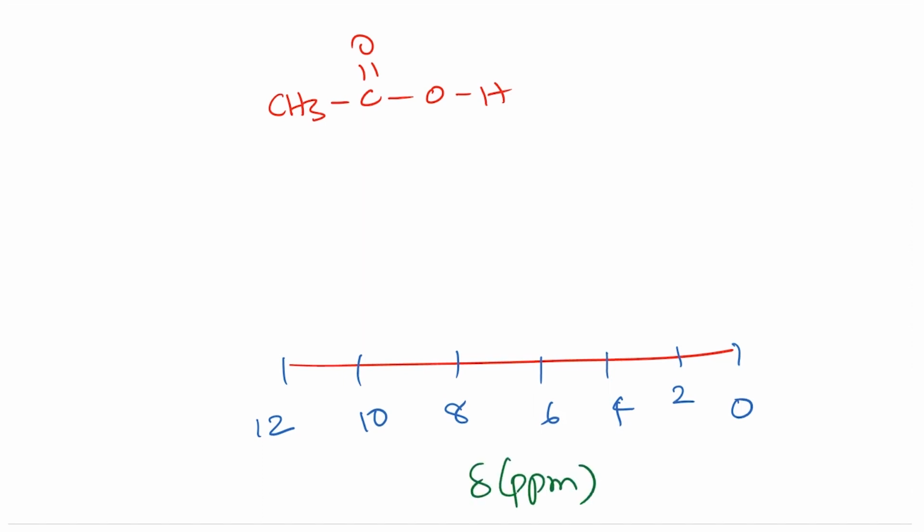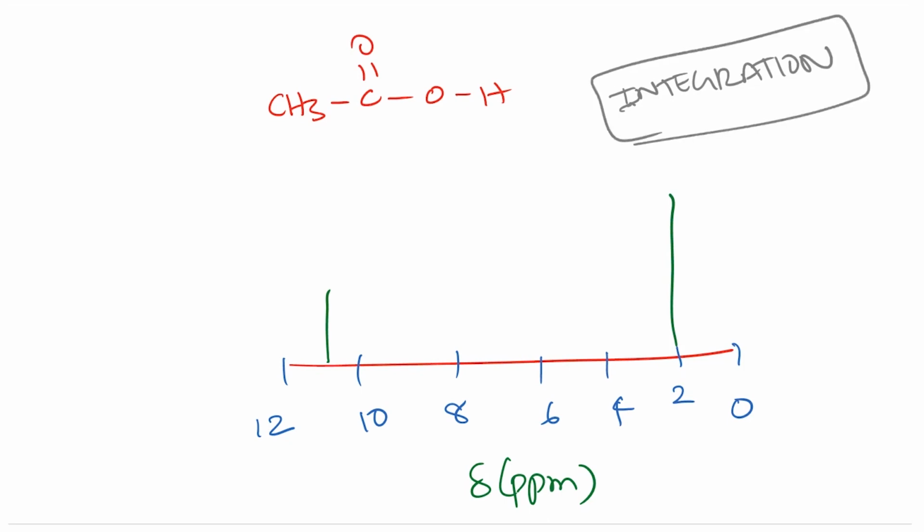Let us say we record the NMR spectrum of acetic acid. Now, you see a nice peak at 2 chemical shift, and then you see another peak somewhere between 10 and 11 ppm. When we integrate these peaks, as I mentioned, integration is a mathematical analysis done on the peak, and it gives you a value.